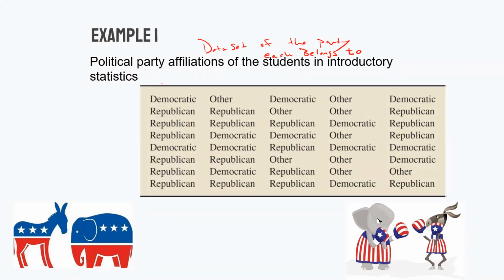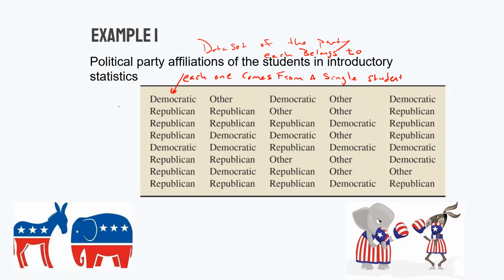Each data value, or each observation, represents a single student. You can see some students say they belong to the Democratic Party, and some say they belong to the Republican Party. But is there a third list that students might belong to?